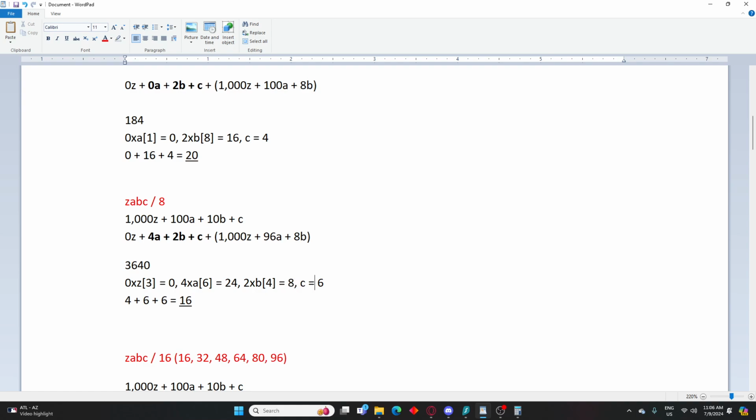And C is equal to 0. So we're going to have 0 plus 24 plus 8 plus 0. And as you can probably already tell, it is indeed 32, which is indeed divisible by 8. It is 6 times 8. So there you have it.